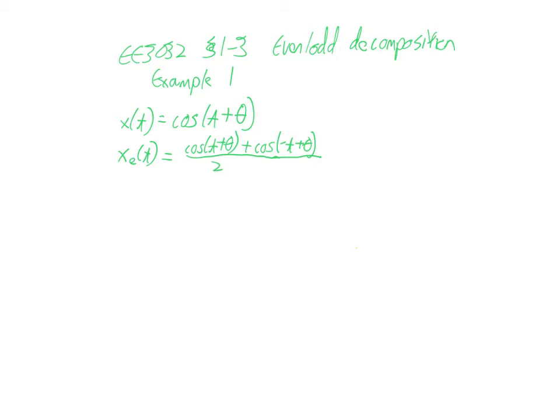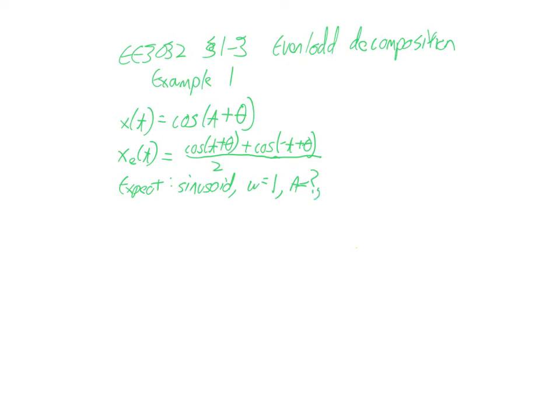So here we're getting the sum of two cosines. We know cosine itself is an even function. So when I flip it about the time axis, and I have this phase shift, I still have a cosine at the same frequency. What we expect to happen is we expect a sinusoid with omega equal to 1 and some amplitude that we're going to derive.